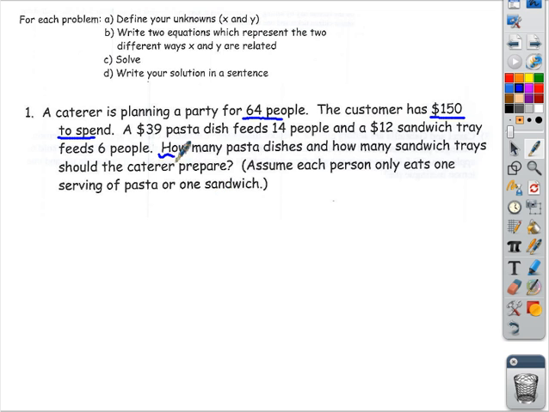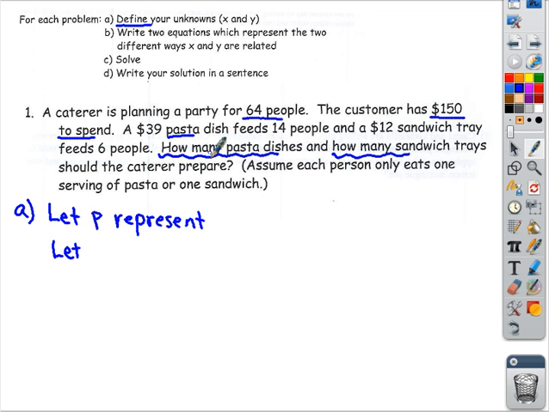So right here in the question, it tells me about how to define my variables. When I define my variables, I want to say let. Now we need some letters. So we've got pasta dishes. We want to know how many pasta dishes and how many sandwich trays. So let's say P is our pasta dish variable. Let P represent how many. So is it the price of the pasta dish? Is it the number of pasta dishes we're purchasing? We want to know exactly what.